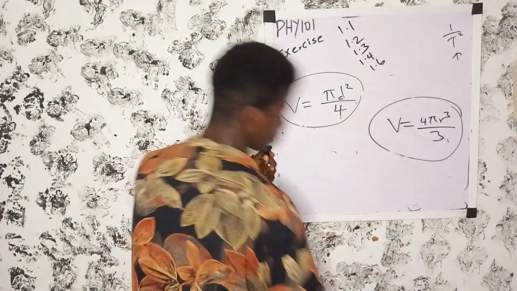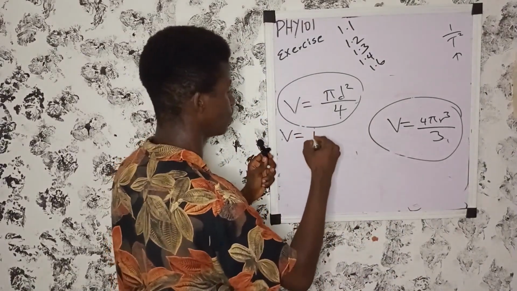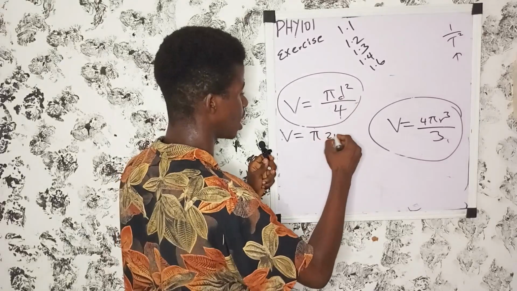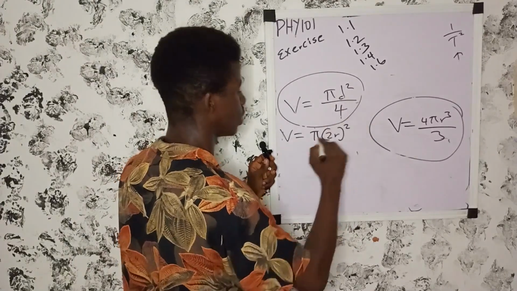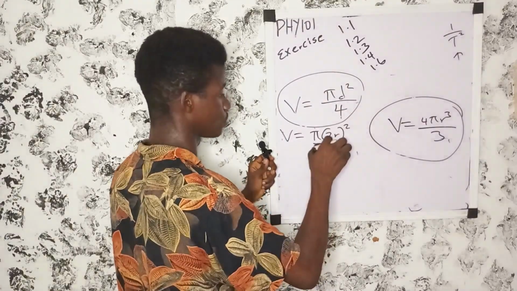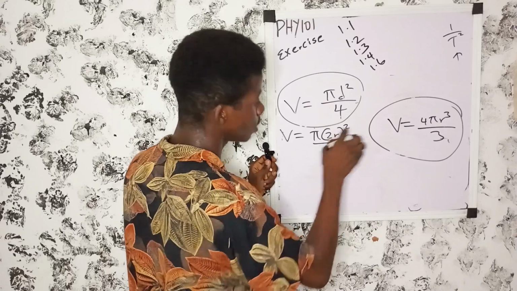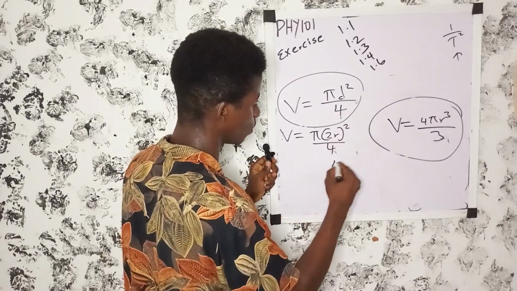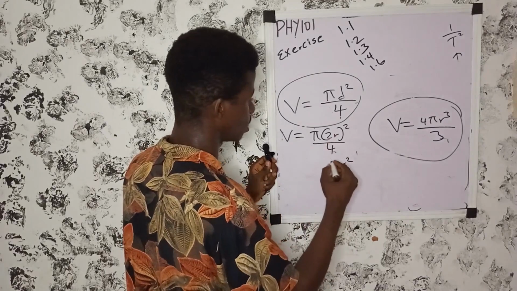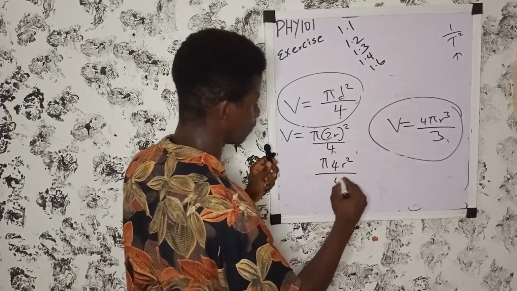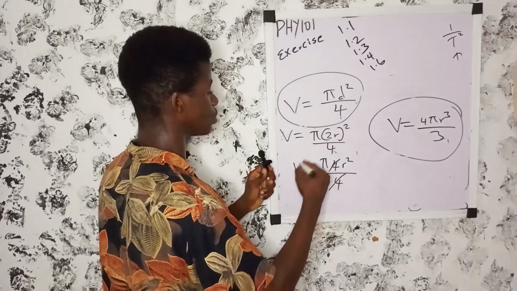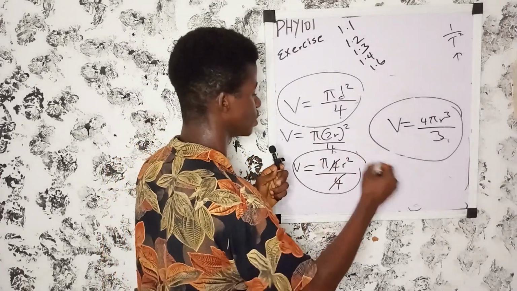So V is equal to pi, D is 2 r, then all squared all over 4. The square of 2 is 4. The square of r is r square. Then pi all over 4. This 4 cancels this 4, so this one is not correct.